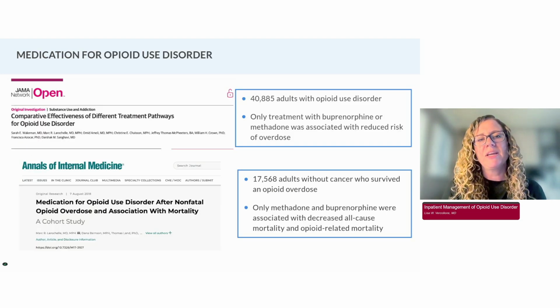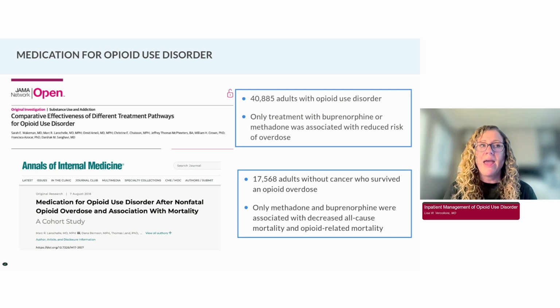So when we're looking at medication for opioid use disorder, we are really focusing on methadone and buprenorphine. There have been a couple studies that have kind of compared these three options. There was a study that was published in JAMA looking at almost 41,000 adults with opioid use disorder, and they found that only treatment with buprenorphine or methadone was associated with reduced risk of overdose.